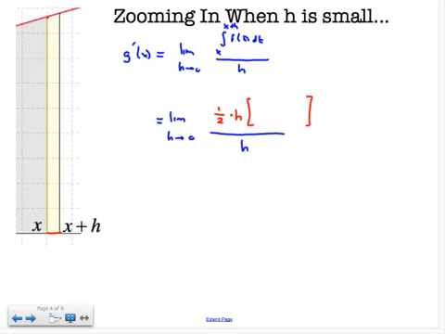Now the two bases are these two vertical strips here. If this is x comma 0, then up here is x comma f of x. And the second base will be determined by the coordinates x plus h, comma, f of x plus h.